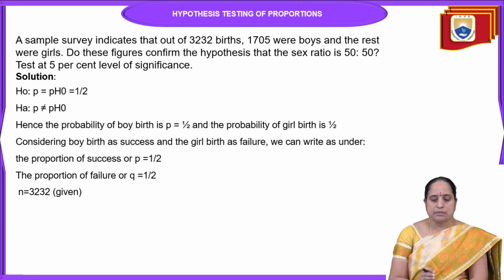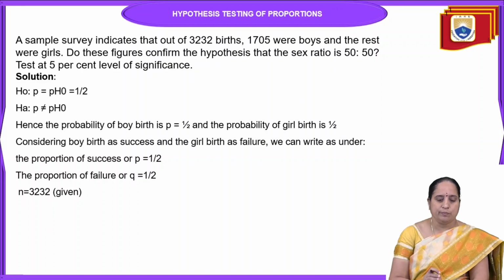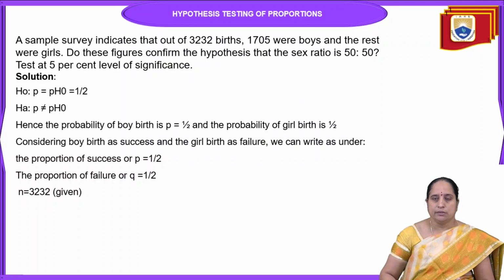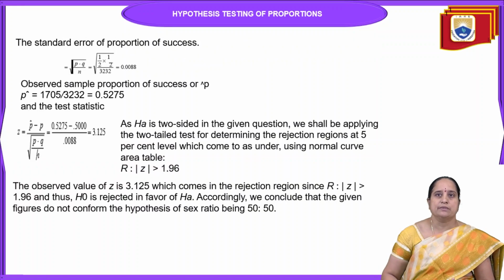Considering boy birth as success and girl birth as failure, we can write as under: the proportion of success p is equal to half and the proportion of failure 1 minus p, which is equal to q, again is also half. And n is equal to 3,232, which is given in the problem itself.